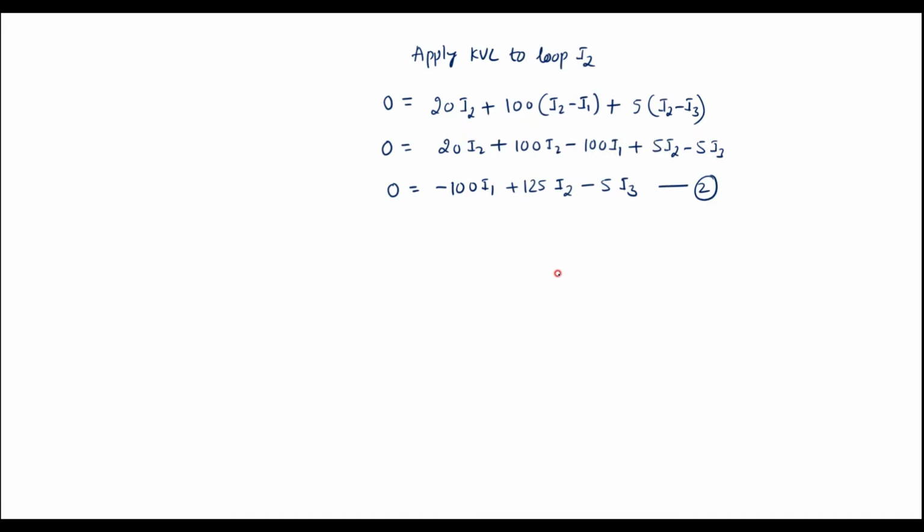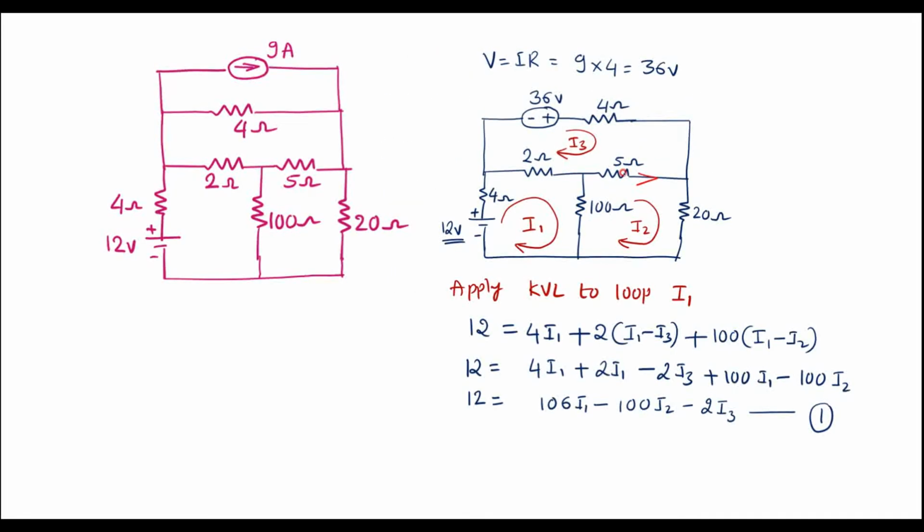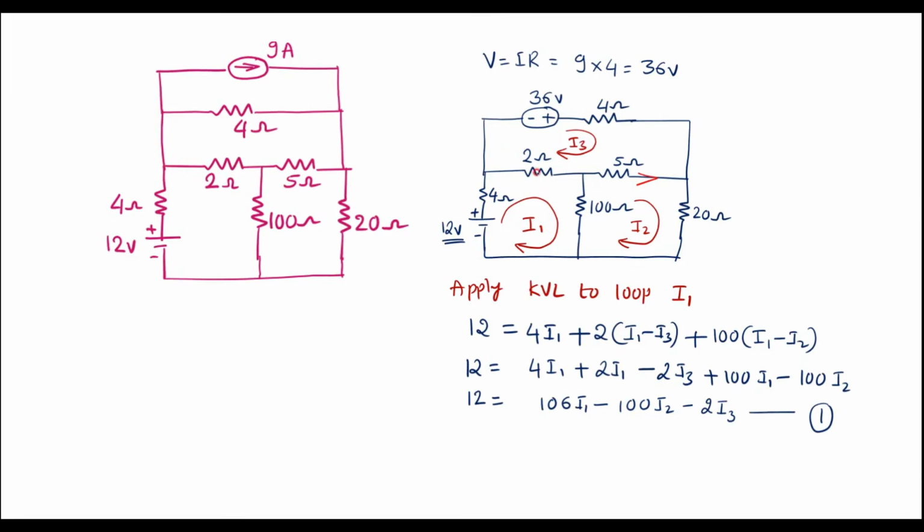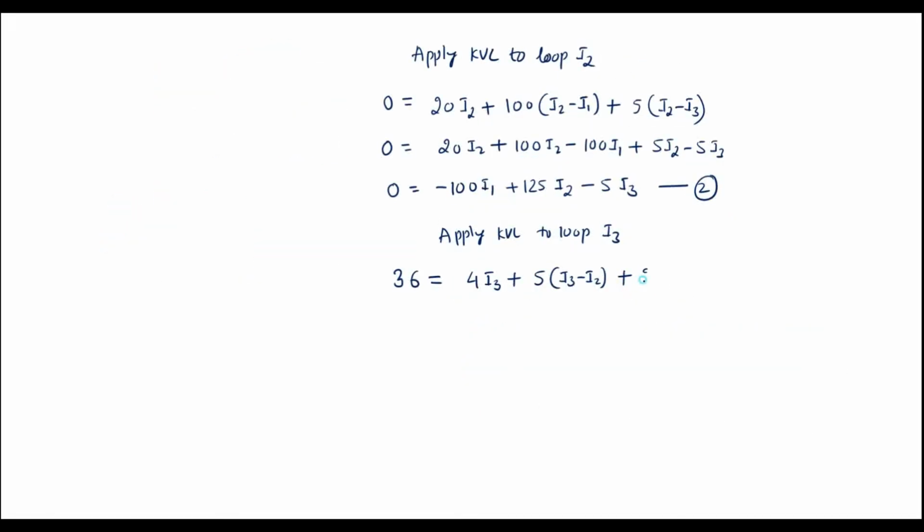Now apply KVL to loop I3. Start from the voltage source, that is 36 is equal to voltage across 4 ohm, which is 4 I3, plus voltage across 5 ohm, which is 5 into I3 minus I2, plus voltage across 2 ohm, which is 2 into I3 minus I1.